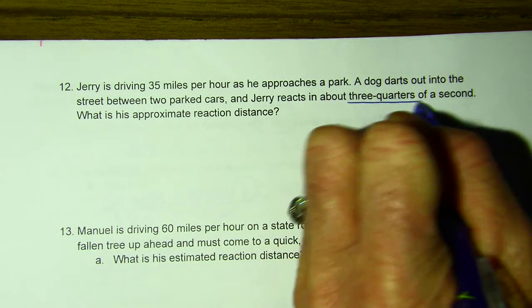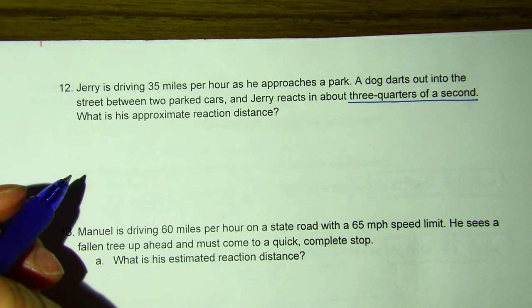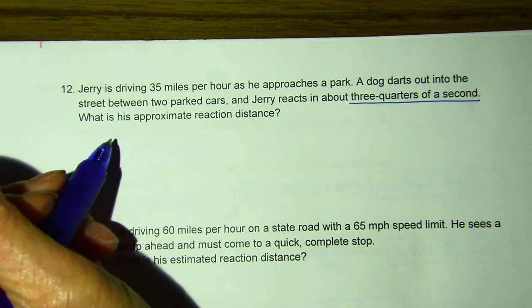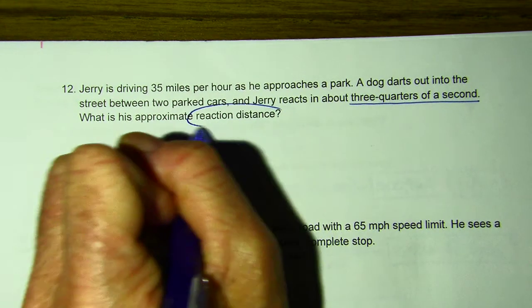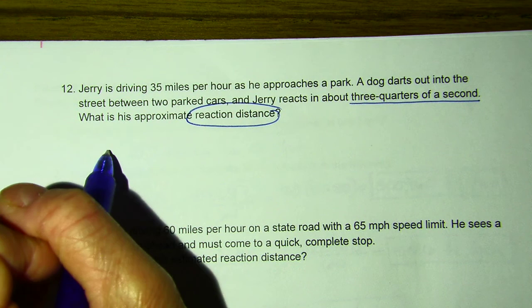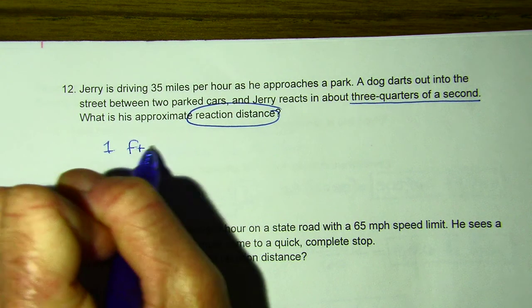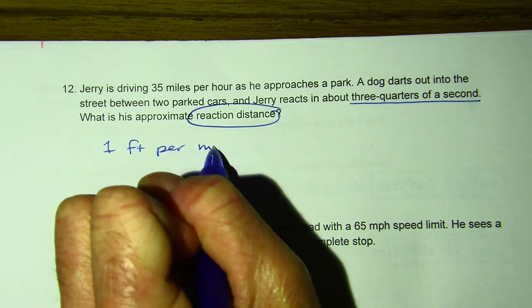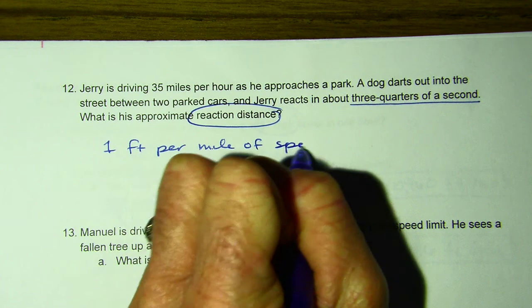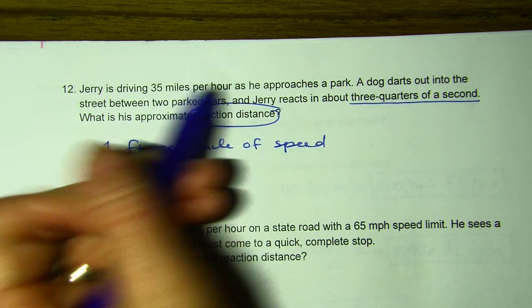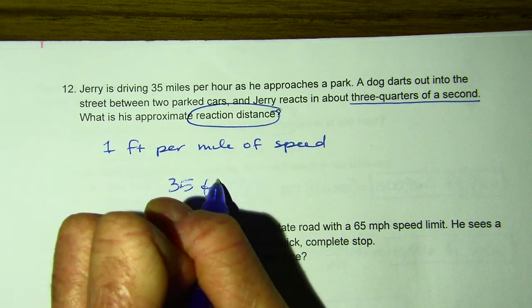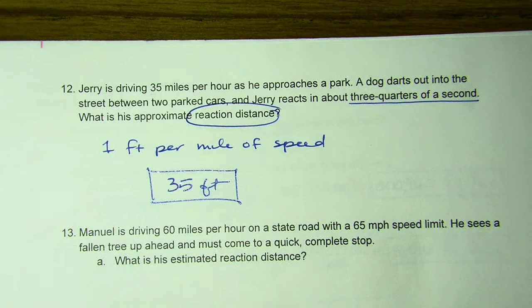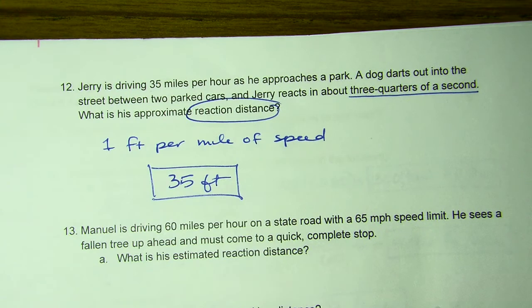Please know that's not really important. What is his approximate reaction distance? Remember, it's 1 foot per mile of speed. So since he was going 35 miles per hour, he would need 35 feet to react. So it should be the same number.